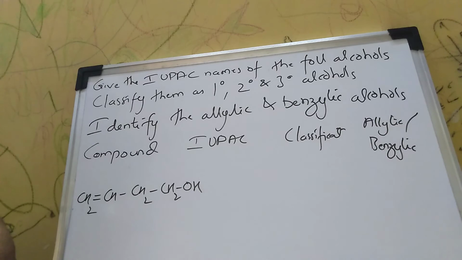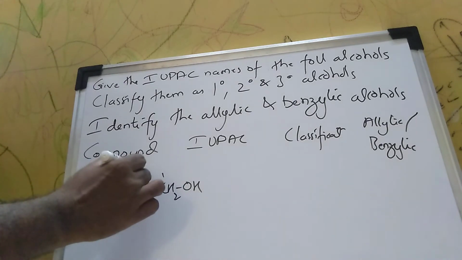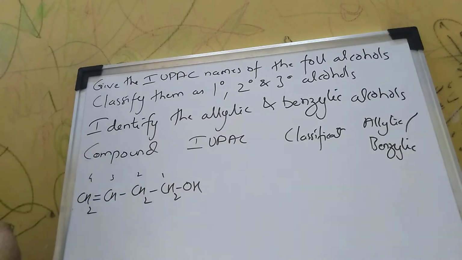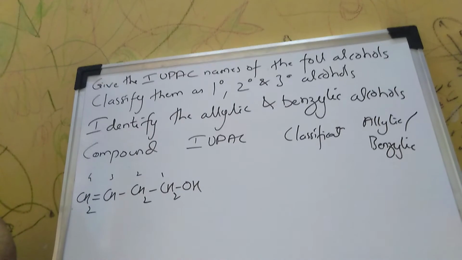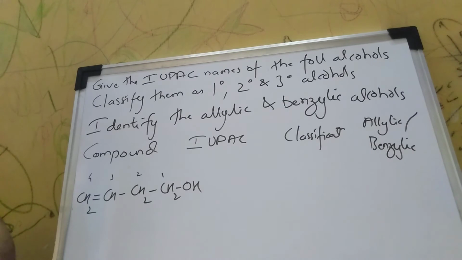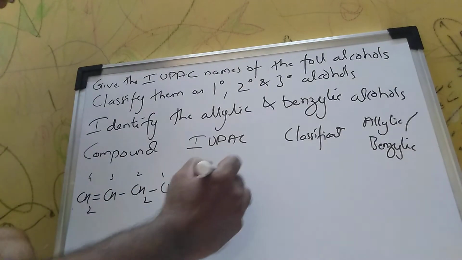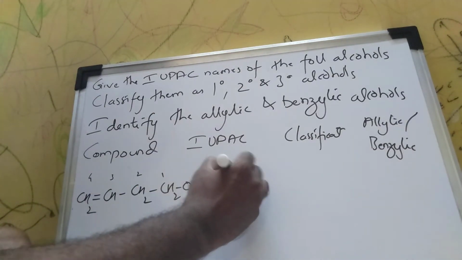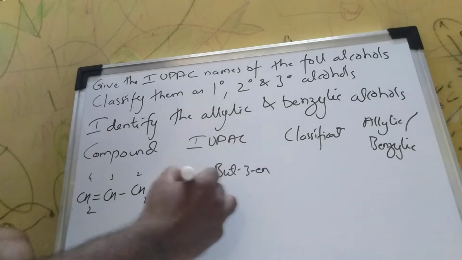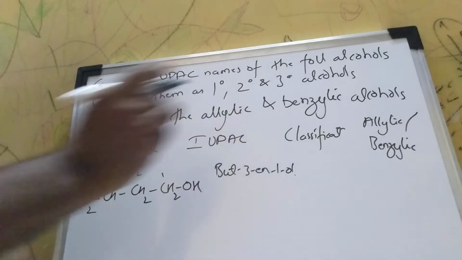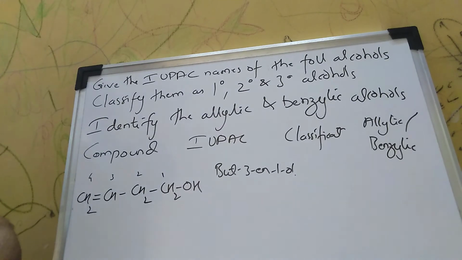Now the IUPAC name. 1, 2, 3, 4. Butene on third carbon atom, it is but-3-en, which is attached on first, but-3-en-1-ol.